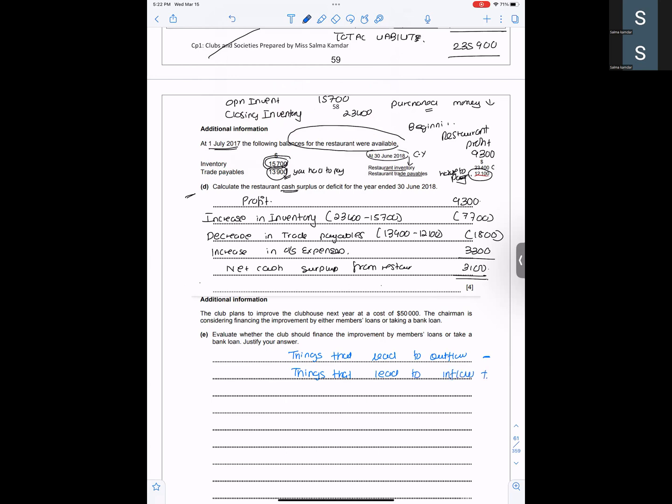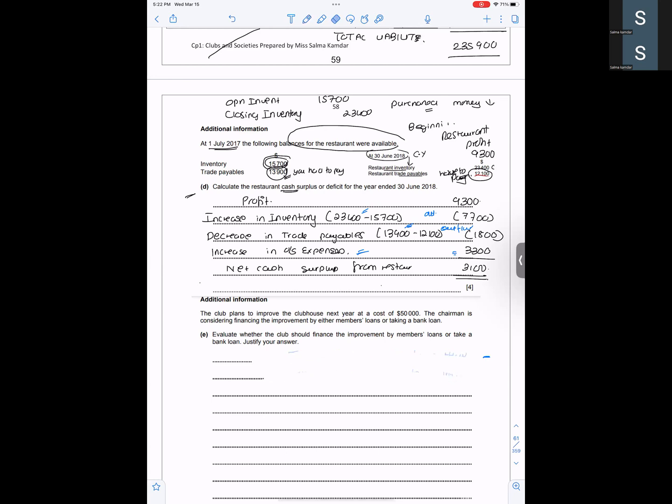You're taking credit from someone, so this is leading to inflow, that is why I'm adding it. You've purchased more inventory, so this is outflow. You have paid your trade payable, so this is outflow. So when you're finding the cash surplus or deficit, whatever leads to money going out, subtract, and whatever credit that you're taking leads to inflow, you will add.